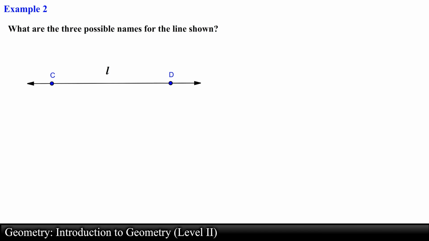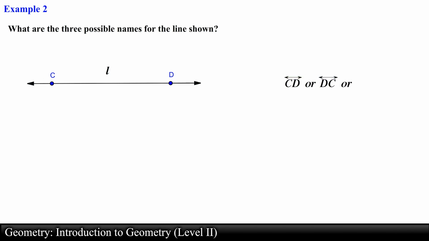What are the 3 possible names for the line shown? Recall that lines contain arrows pointing in opposite directions and can be denoted by using 2 points. In this example, the line shown can be denoted by using point C and point D. So we can name the line as line CD or line DC, making sure we draw a line directly above the letters.